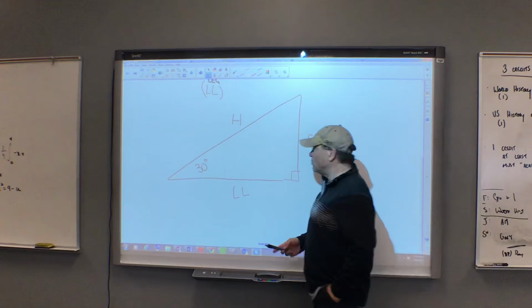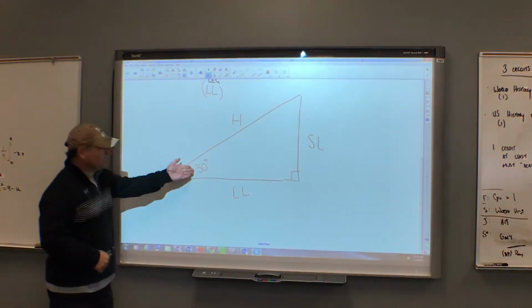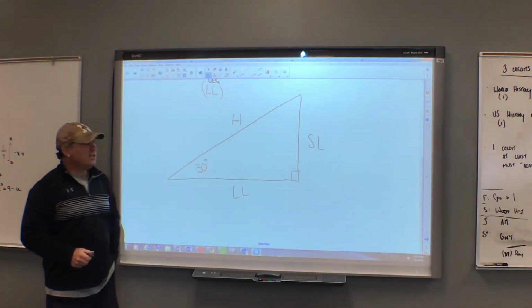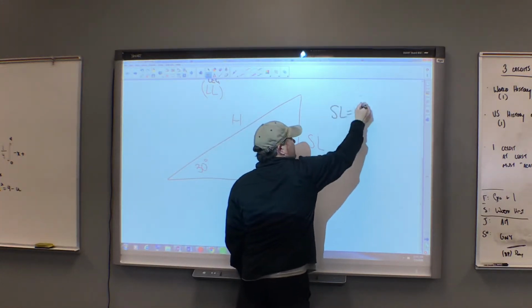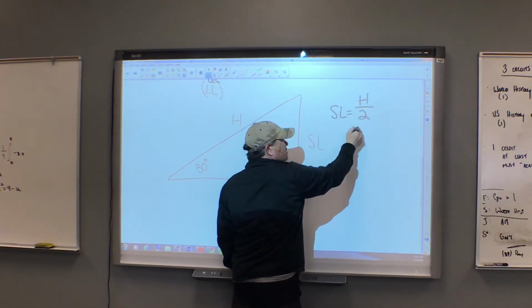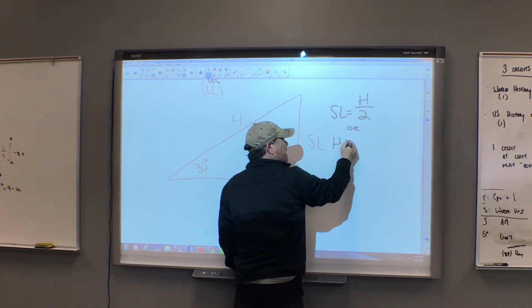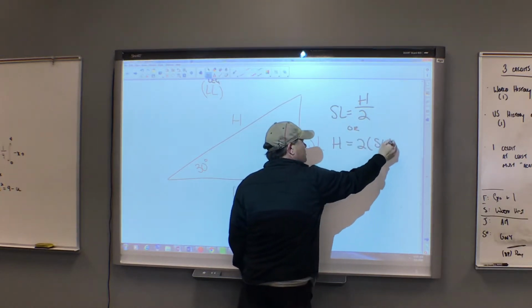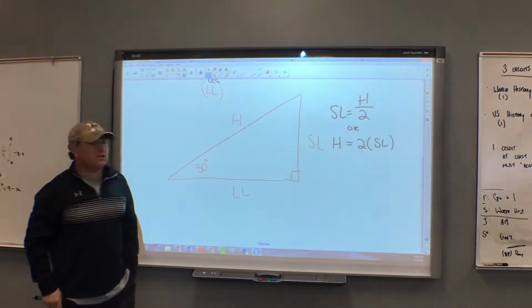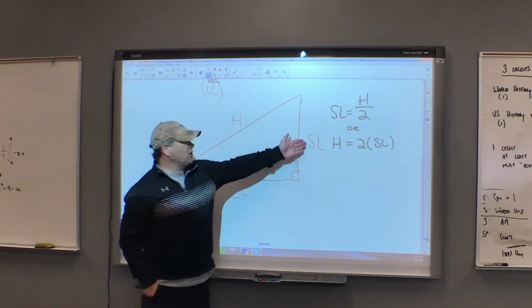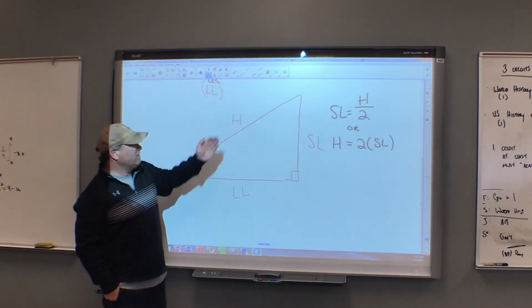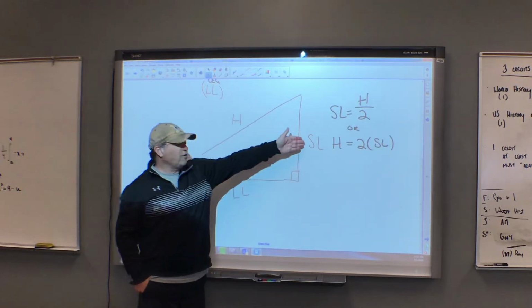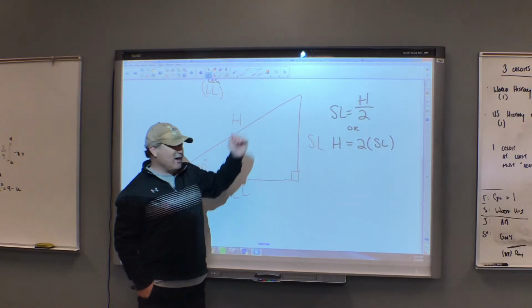Always. And that is only in cases where we've got that 30-degree angle. So we could say that the short leg equals the hypotenuse divided by 2, or the hypotenuse is 2 times the short leg. So there's one relationship. If you knew the short leg, you now automatically know the hypotenuse. It's double the short leg. If you knew the hypotenuse, you would know the short leg. It's half of the hypotenuse.